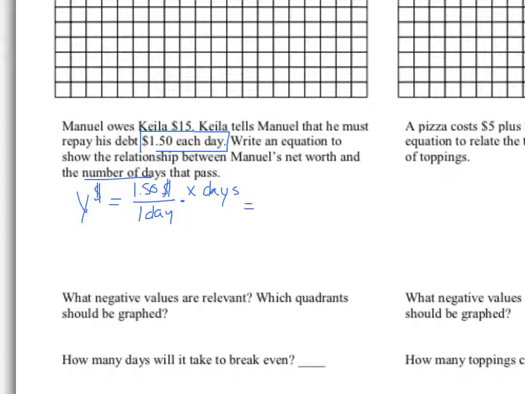And what's my starting net worth? Careful. It's not that. Yep. Negative $15. All right, so we end up with plus a negative $15.